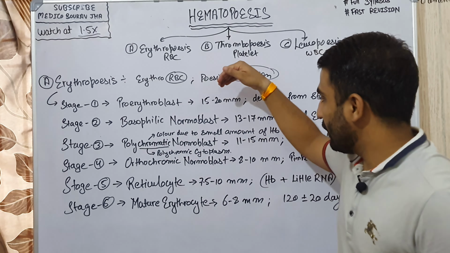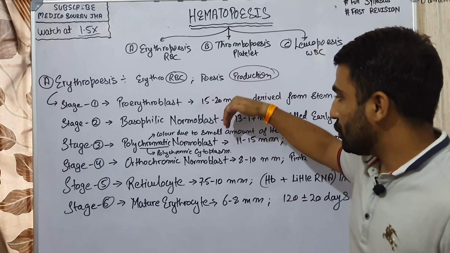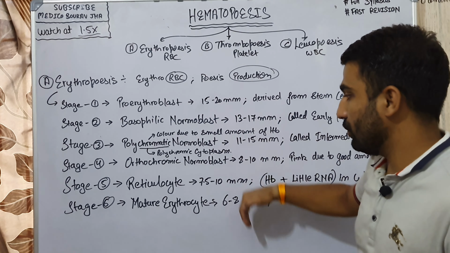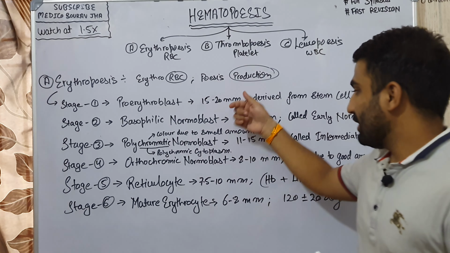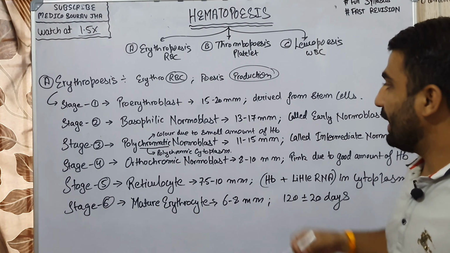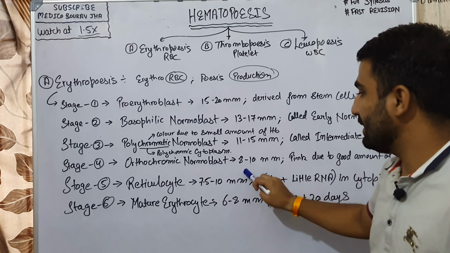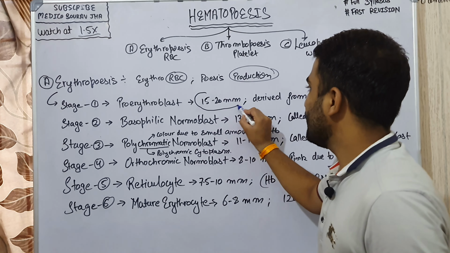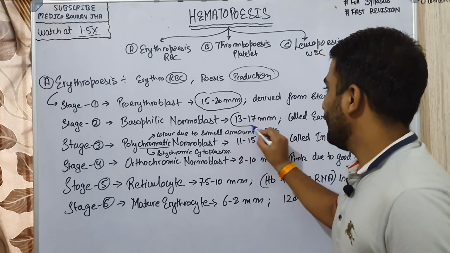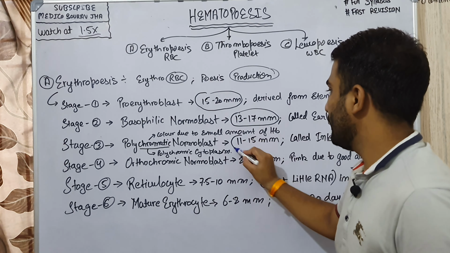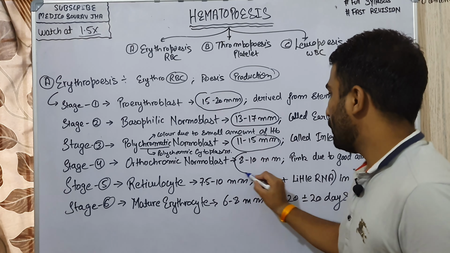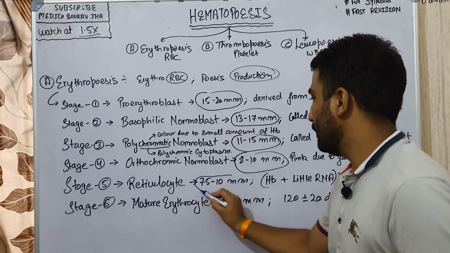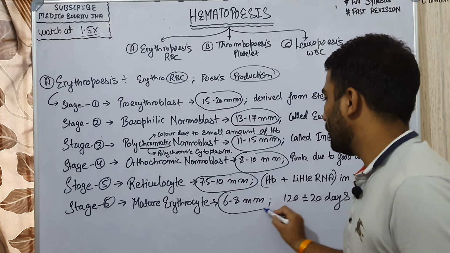When the stem cell matures towards an erythrocyte, the size of the cell is decreasing continuously. You can see here the size is 15 millimeter. Here the size is smaller and smaller.